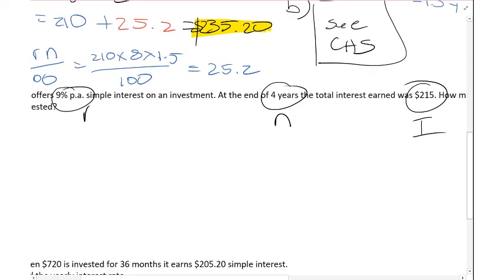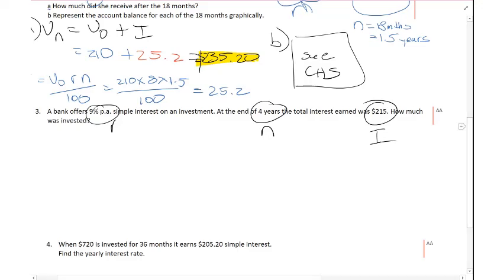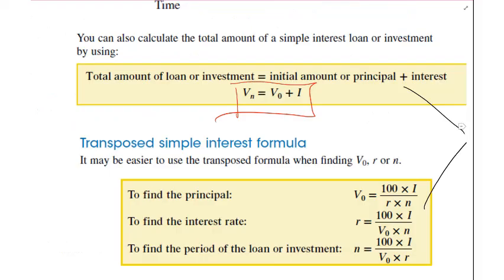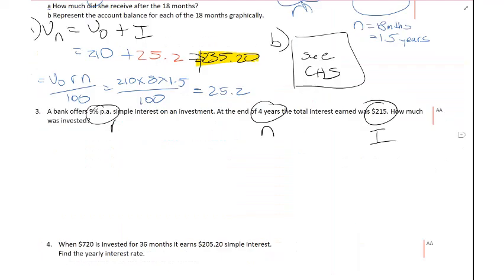So basically what we can do is look at these equations back up here and go, oh, hang on, I'm after V0. All right? I'm after V0. And that means, let's go back.